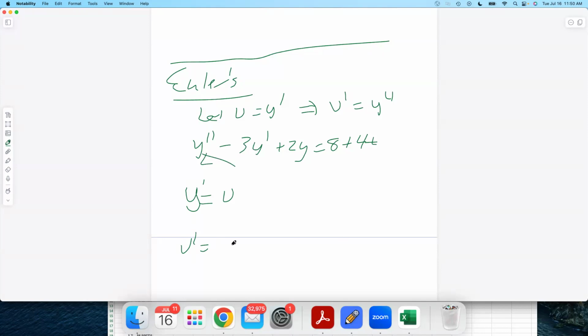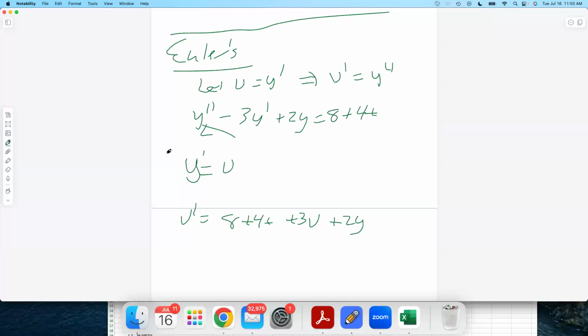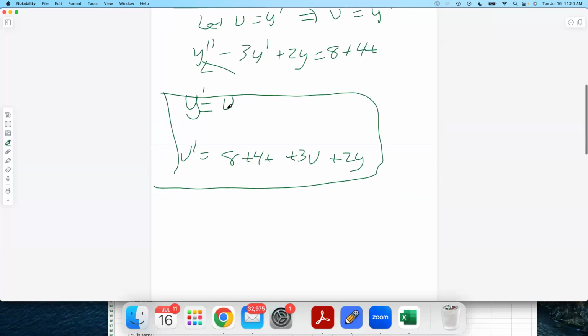So I move all this to the other side, 8 plus 4T plus 3Y prime. What is Y prime? V plus 2Y. This is a system of DEs. Y prime equals V. V prime is all this.